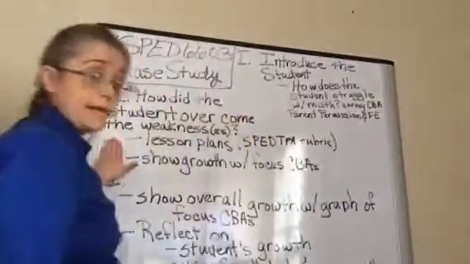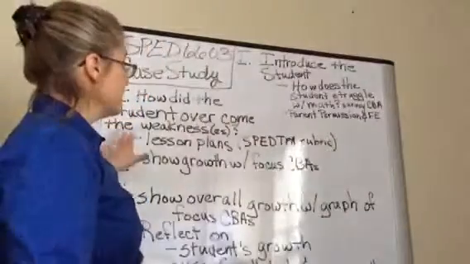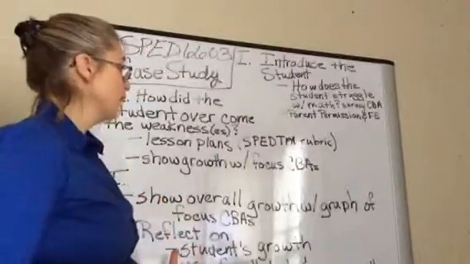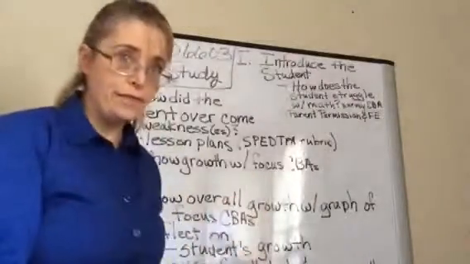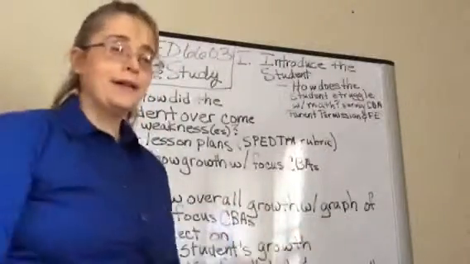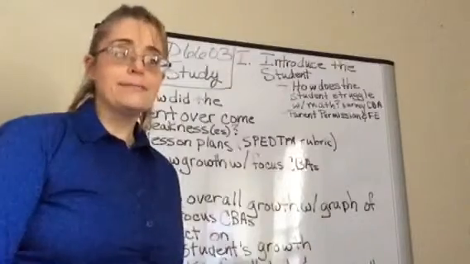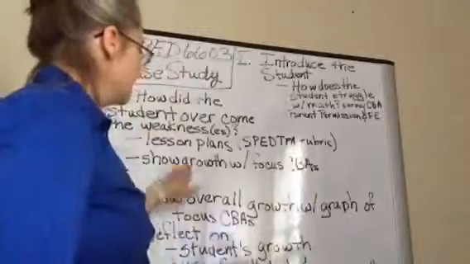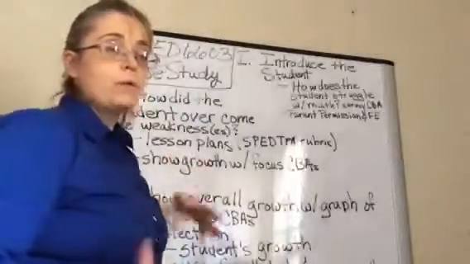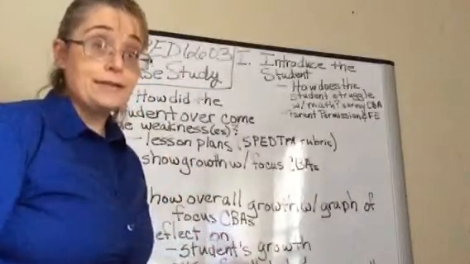All right, Section 2. This is all about how the student overcame the weakness or weaknesses in math. And you're all thinking, well, duh, it's a math course, math difficulties. Yeah. So in this section, we're going to have our lesson plans.